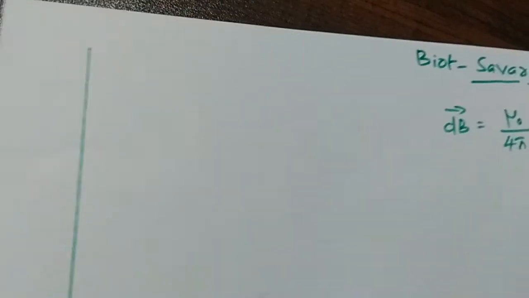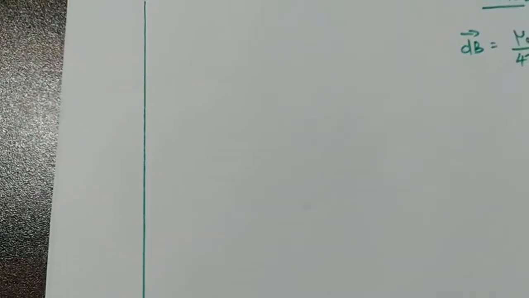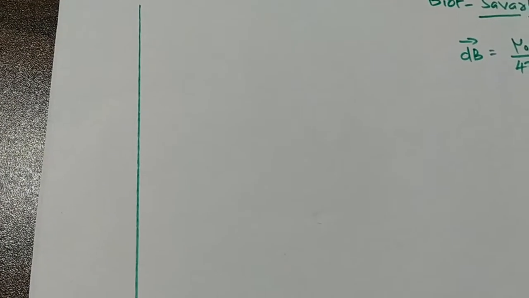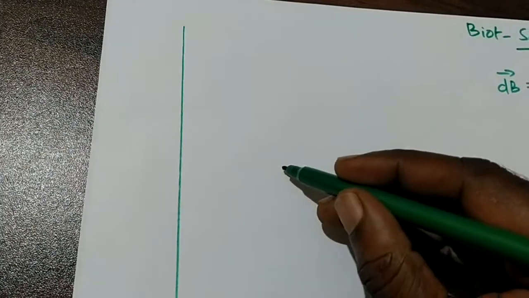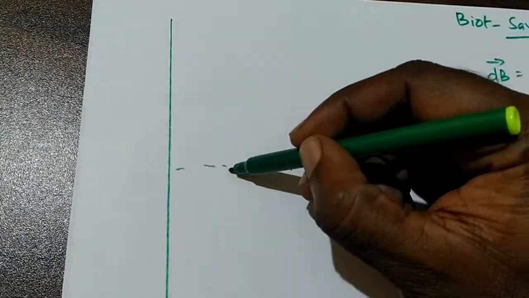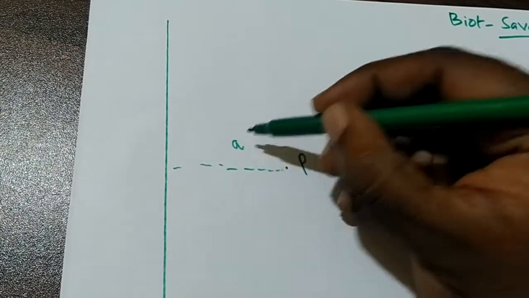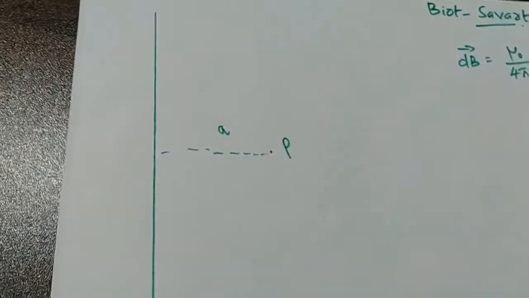But if we are having a current carrying conductor of very long distance, for example from minus infinity to plus infinity, in this case, consider a point P, for example here a point P which is at a distance A from the line element, that is a perpendicular distance A from the line element.